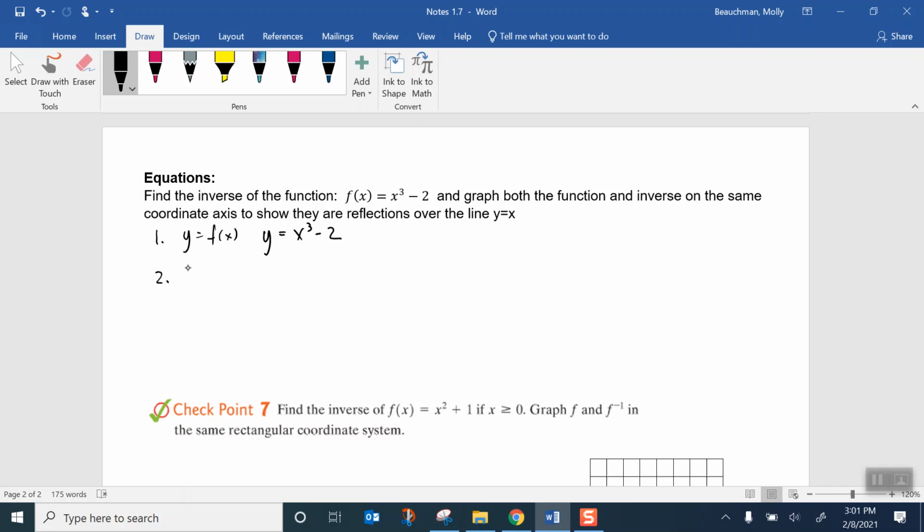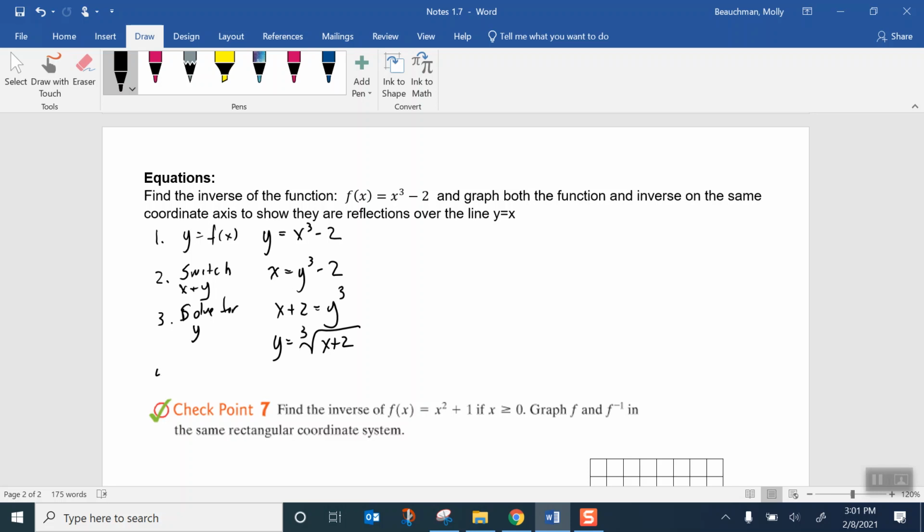Step 2, interchange x and y. So instead of y equals x to the third minus 2, I'm going to get x is equal to y to the third minus 2. Then solve for y. So I'd add 2 to both sides. I end up with x plus 2 is equal to y to the third. Take the cube root of each side. y is equal to the cube root of x plus 2.